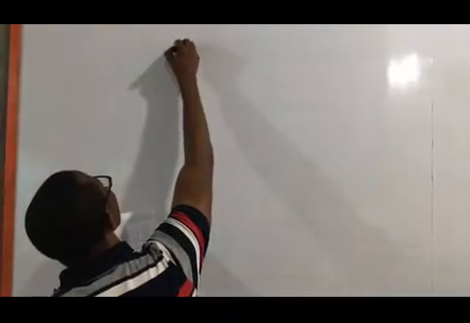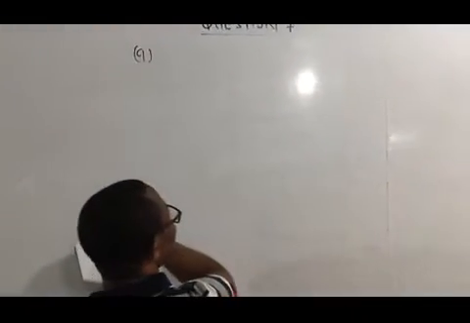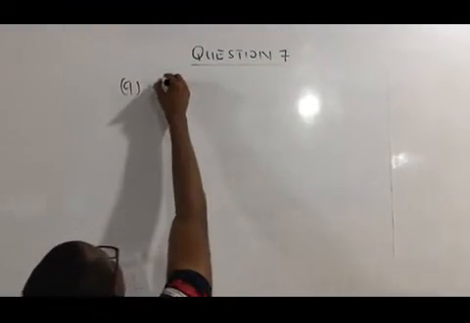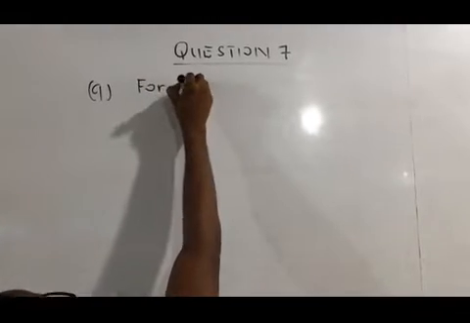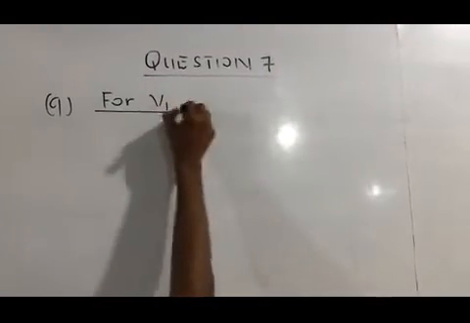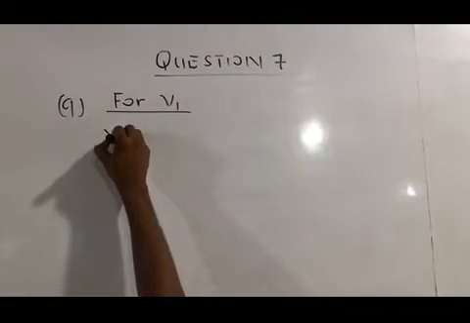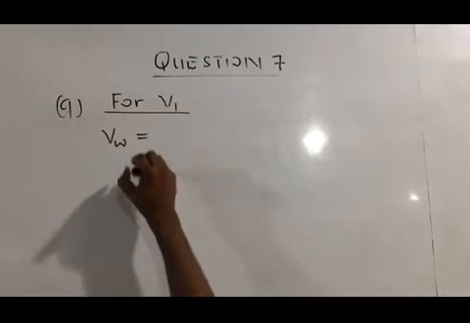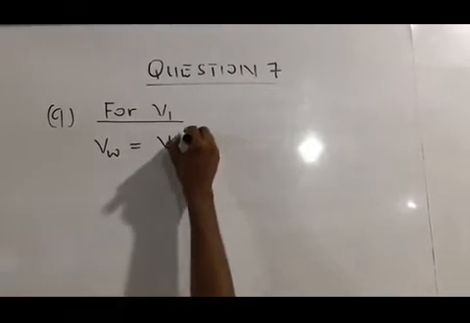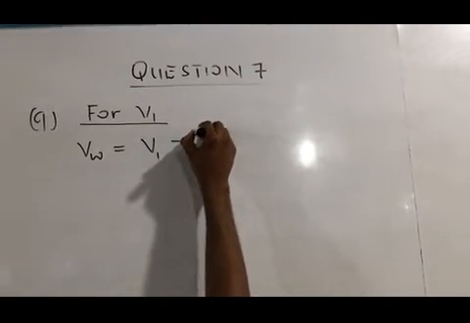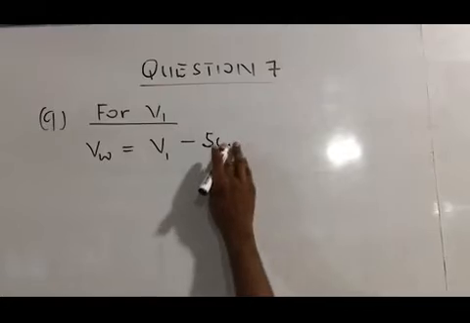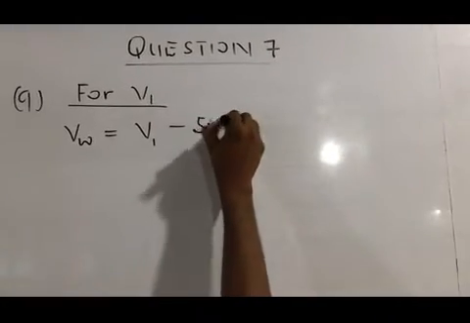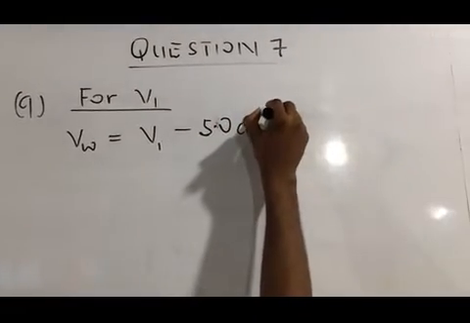So for question A, for V1, the volume of water, that's VW, will be equal to V1 minus 5.0 cm cube.